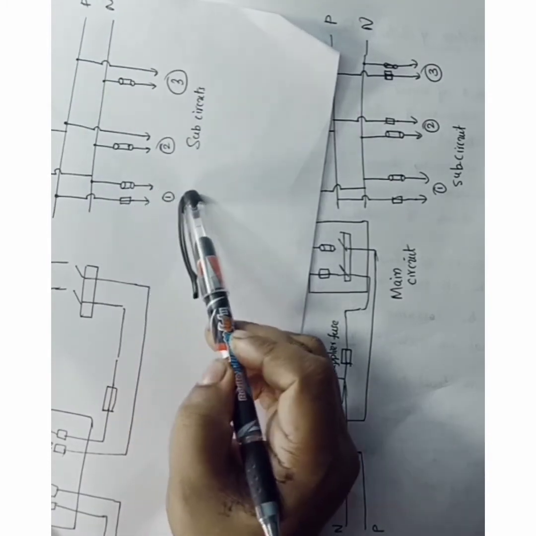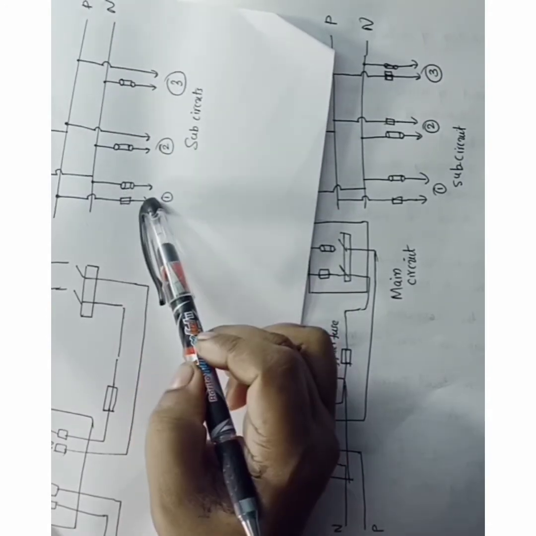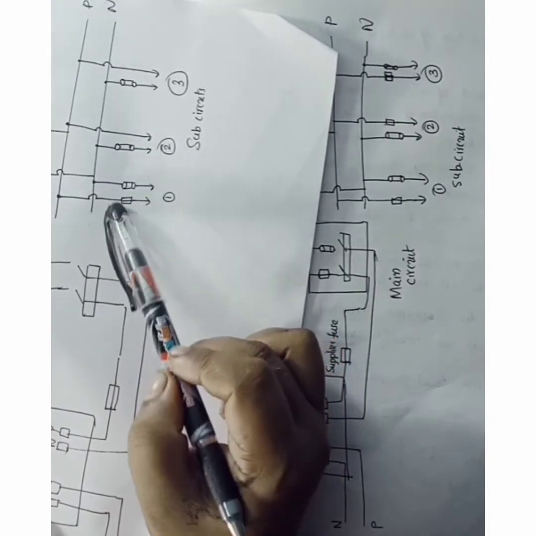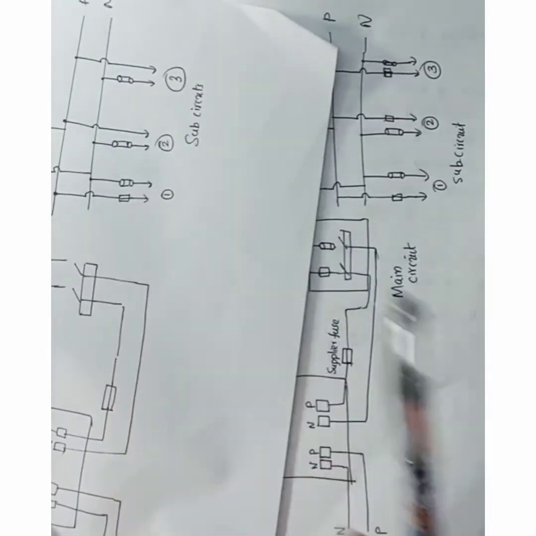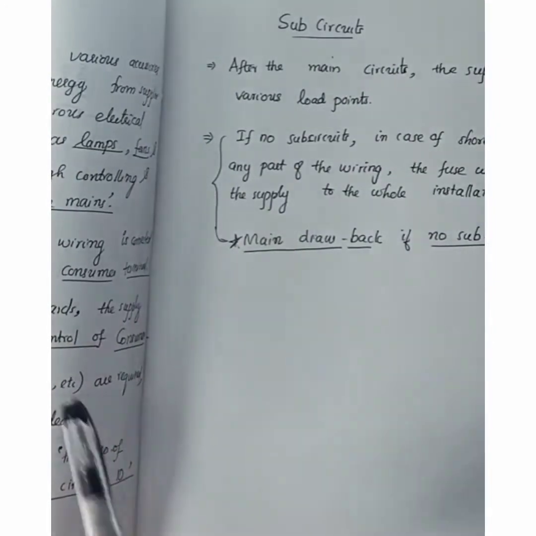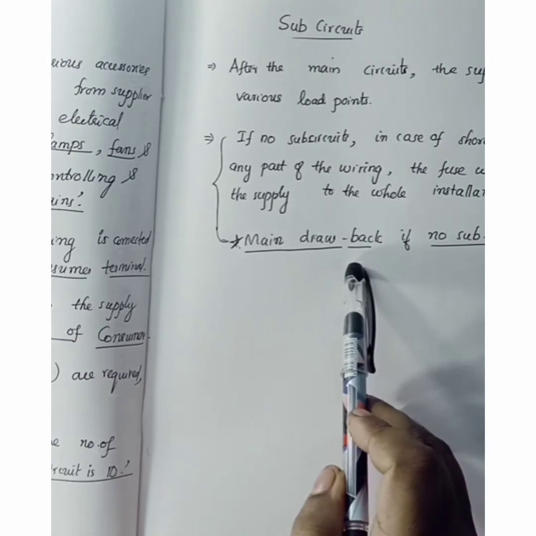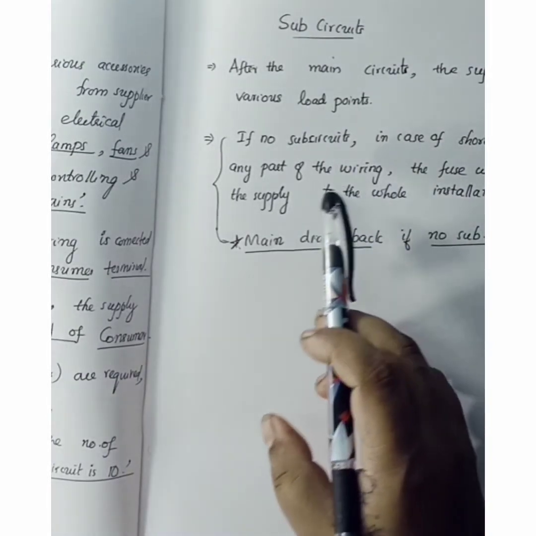So if there is any short circuit issue in this part, this will alone be isolated and all these others will work. So this is the necessity of a sub-circuit. If there is no sub-circuit, the main drawback is that the whole system is cut out at once.